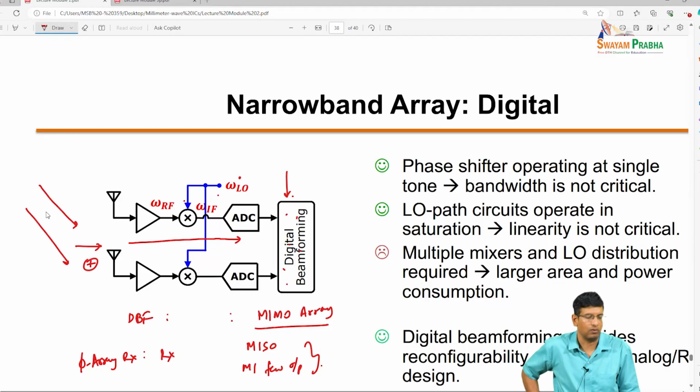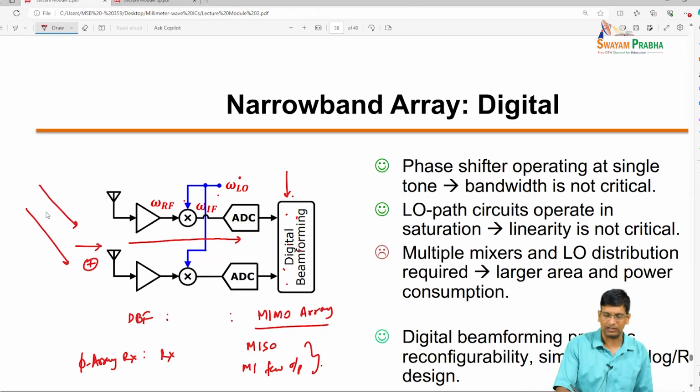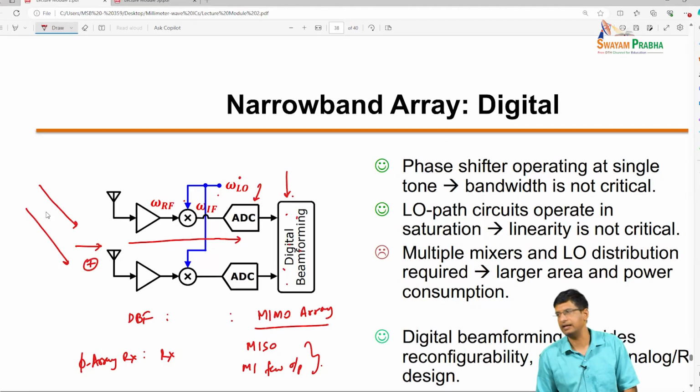So what is gating these digital arrays is basically ADC power consumption, but ADC power consumption does scale very well with advances in technology.